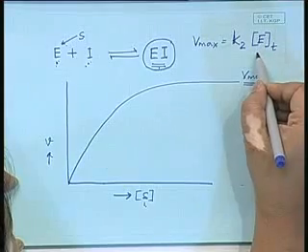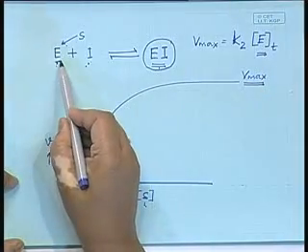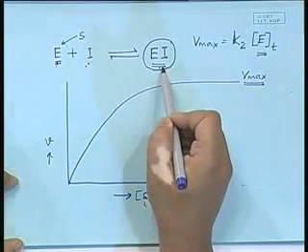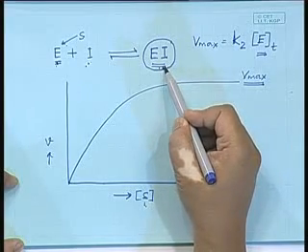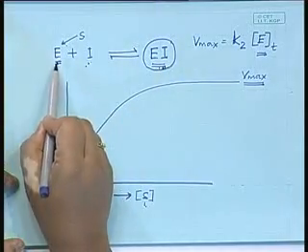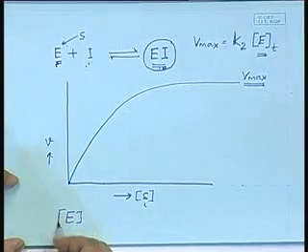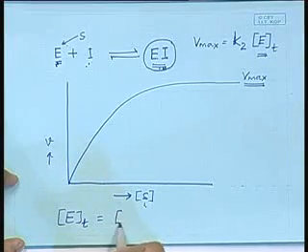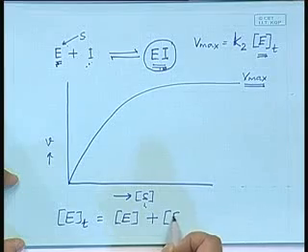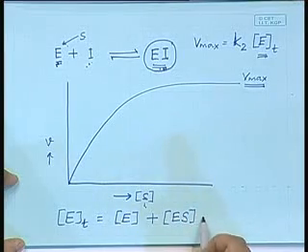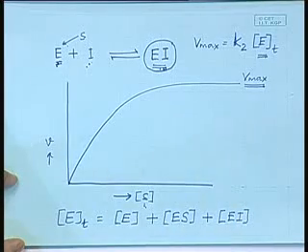Now, if my total enzyme concentration is fixed, part of this enzyme may have formed an enzyme inhibitor complex, but that complex can also dissociate to form back E. So the total enzyme is the free enzyme plus enzyme substrate complex plus enzyme inhibitor complex, right?